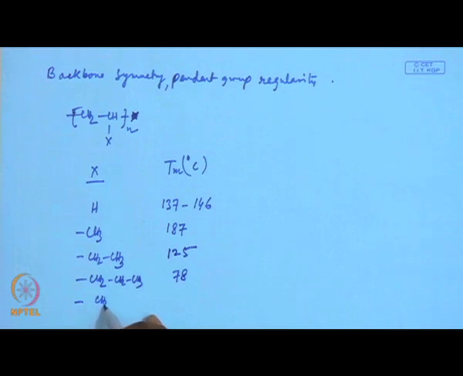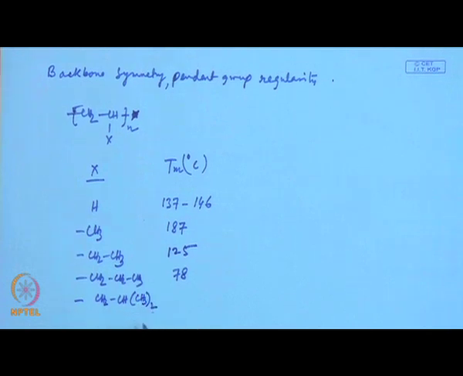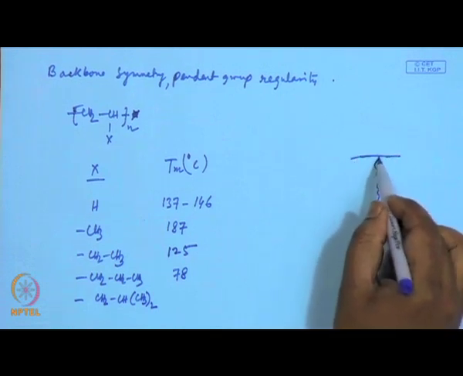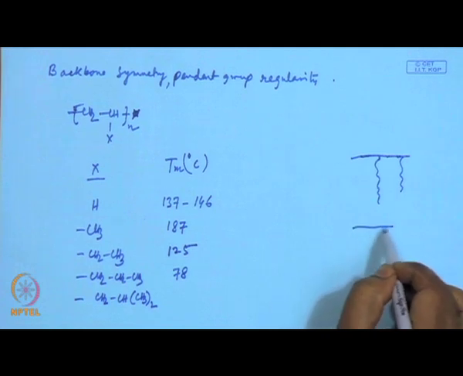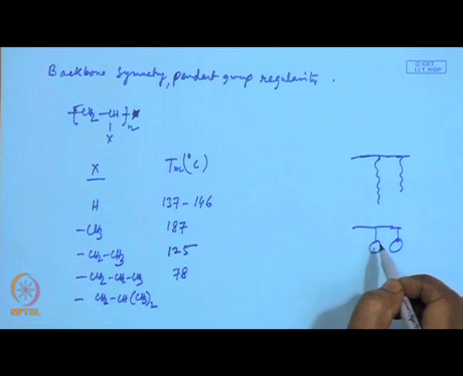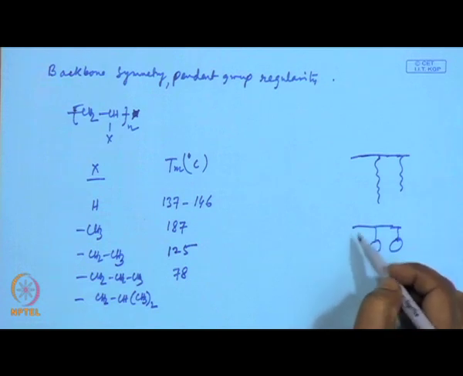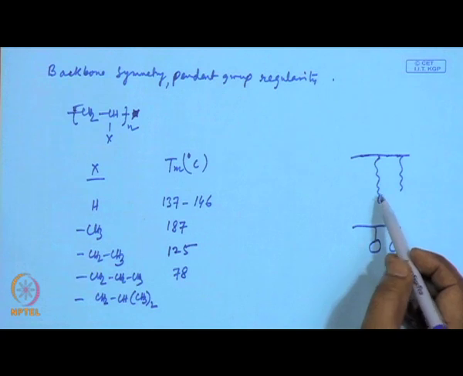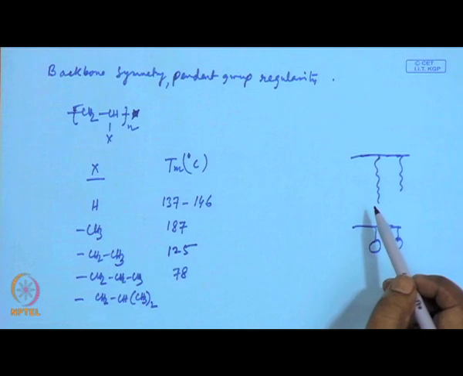However, the same thing we have seen for Tg: if you have a bulky side group, not a long pendant group from the chains, then this gives steric hindrance in rotation, which increases stiffness, whereas a long chain increases free volume and flexibility of the polymer chain.